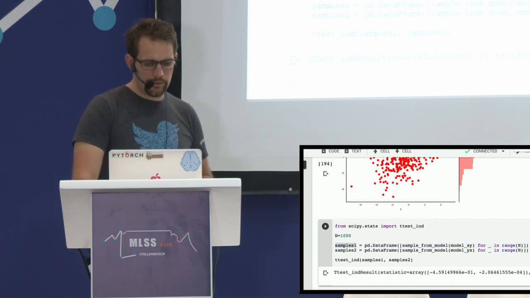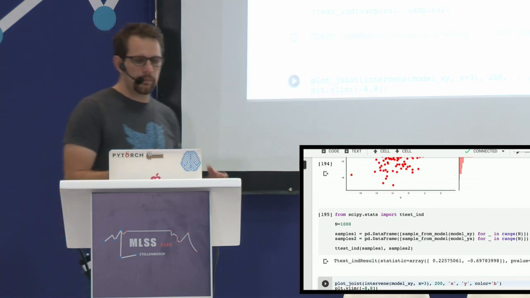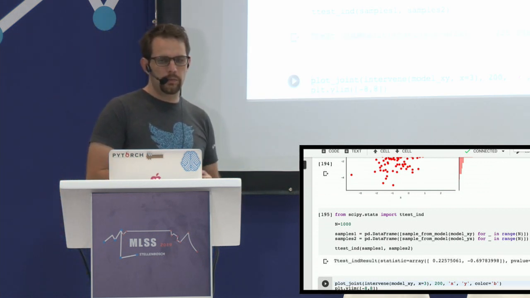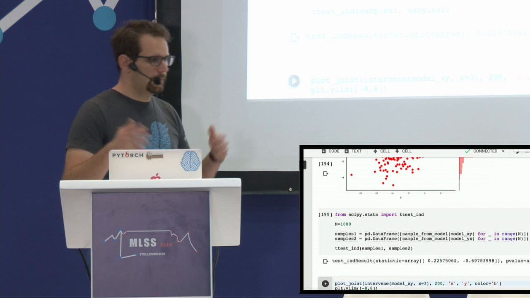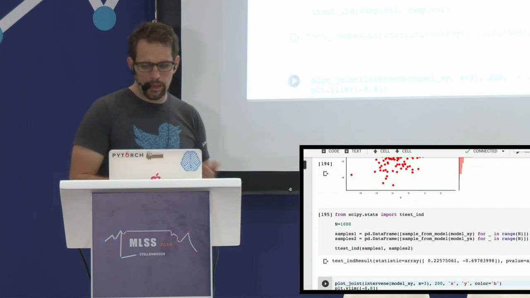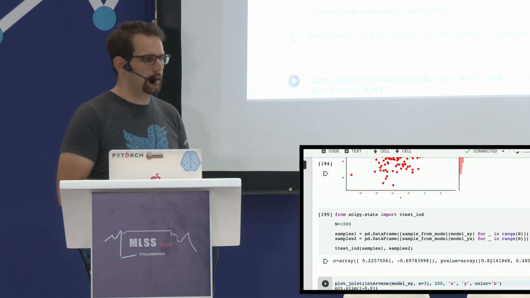So I have two sets of samples, samples 1 and samples 2, and then I run a t-test on these two samples. If the samples that I get from the two models had a different mean, I would expect the p-value to be small, which is when they would be statistically significantly different. Instead the p-value is high, indicating that a t-test cannot distinguish between the means of the two data sets.